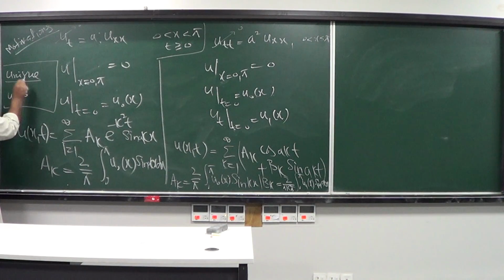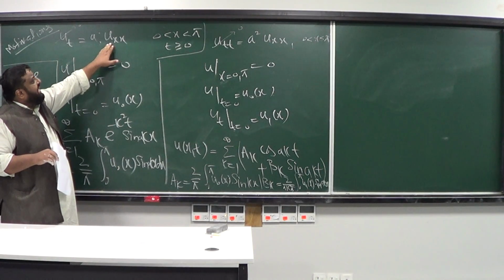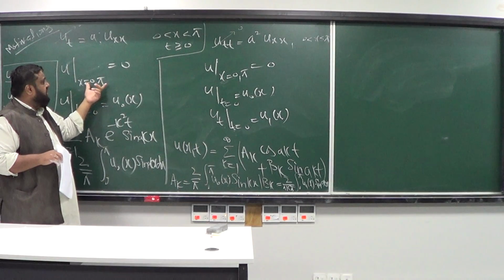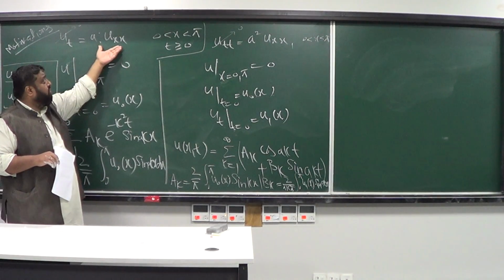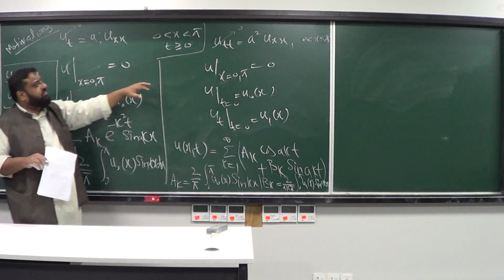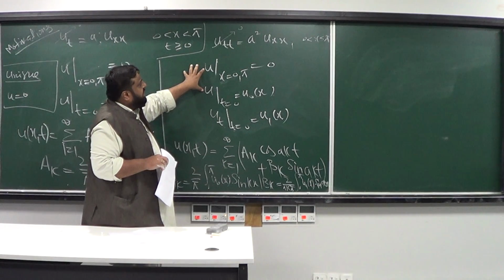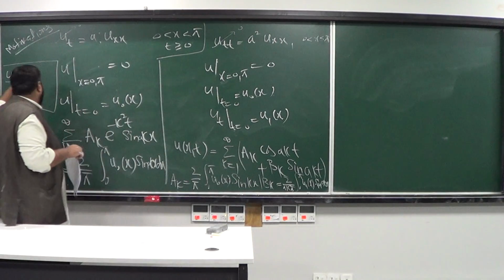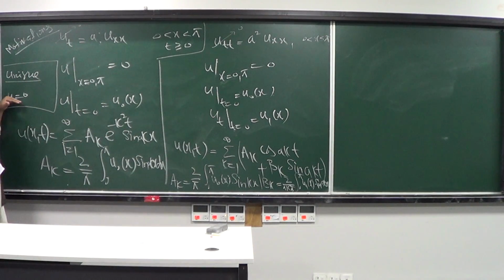That solution is obviously u equal to 0. If this goes to 0, and you integrate with respect to x two times and apply the boundary conditions, they will force you to get the solution u equal to 0. And similarly, the stationary solution to the wave equation is the same and unique, that is u equal to 0. So they both have something in common.